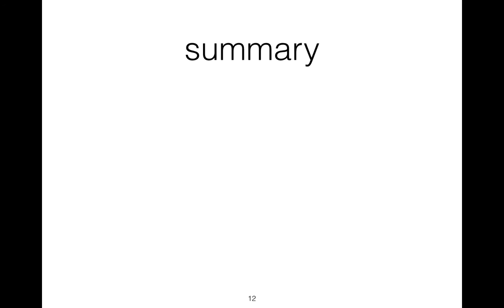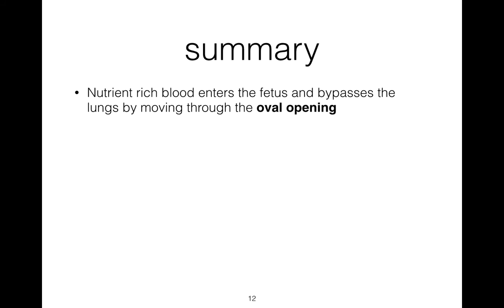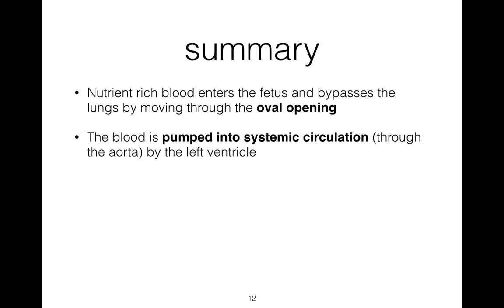So, summary. The big idea is nutrient-rich blood enters the fetus and bypasses the lungs by moving through the oval opening. So going from the right side to the left side through the oval opening. The blood is pumped into systemic circulation through the aorta by the left ventricle.